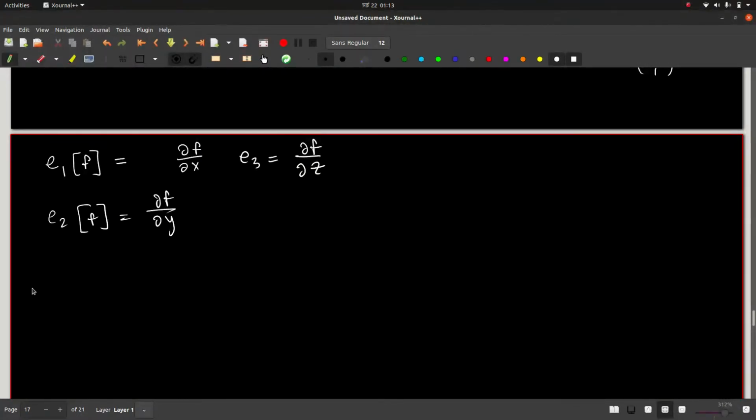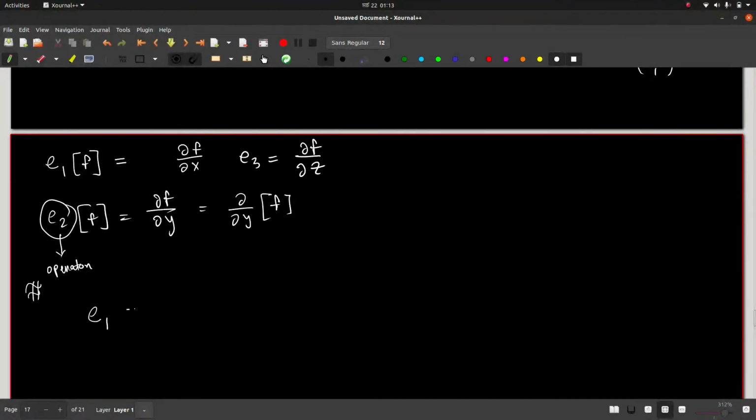Now comes a remarkable conclusion: by judging with these things, you can think of this as an operator, that is, it is acting on something and giving you something else, and these are partial differential operators, right? So you can write it as ∂_y of f like this. You can finally conclude that these basis vectors are nothing but the differential operators themselves.